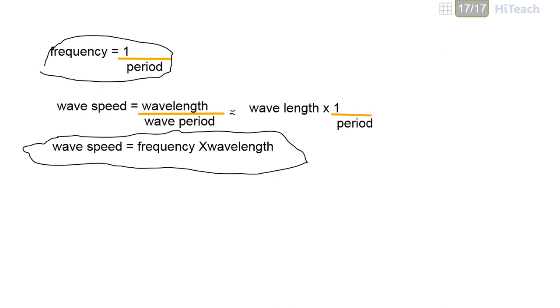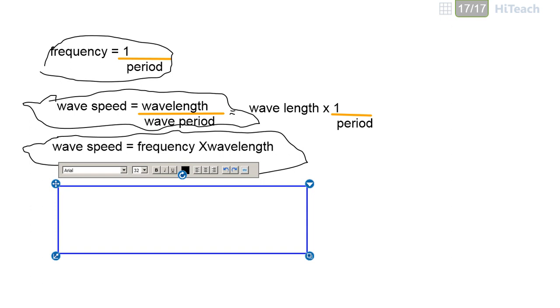Wave speed can also be wavelength over wave period. When can I use each formula? It depends on the given information in the question. We'll take different examples to show how to solve them. Then the last thing: how to find the wavelength.